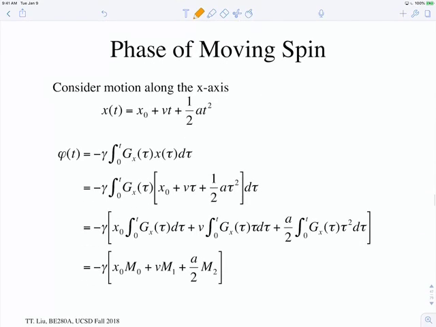So we're going to consider a very simple motion of a spin with some velocity and acceleration. Okay, so assuming this was the initial position, then at any point in time, you can just go back to your basic physics and add the velocity times time plus 1/2 a t squared.